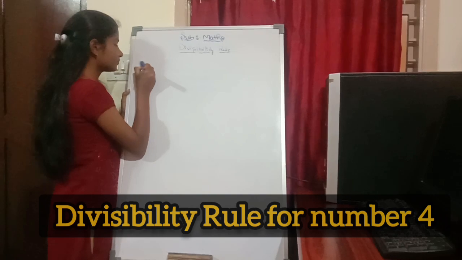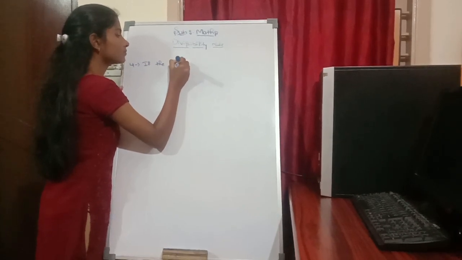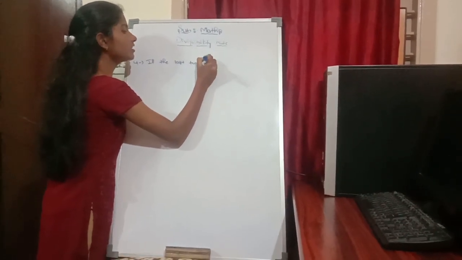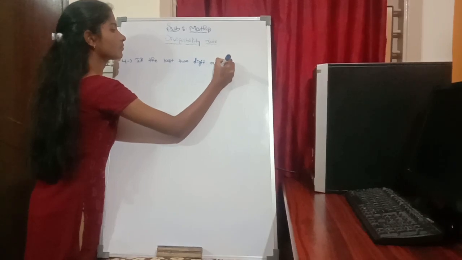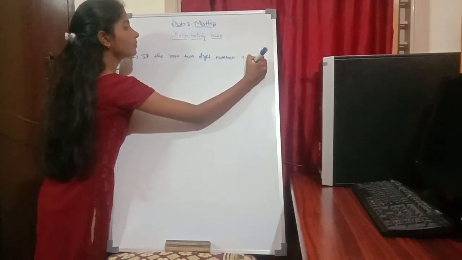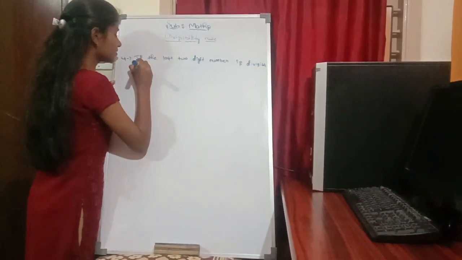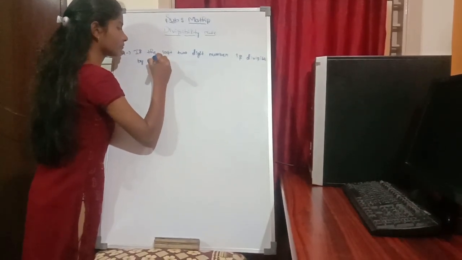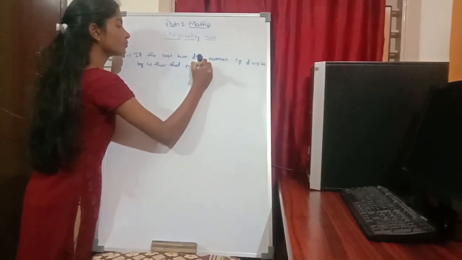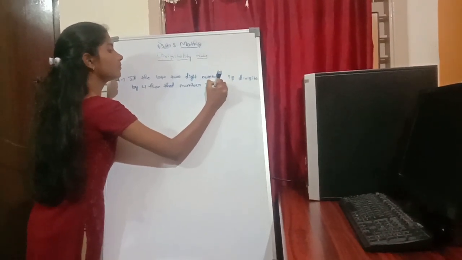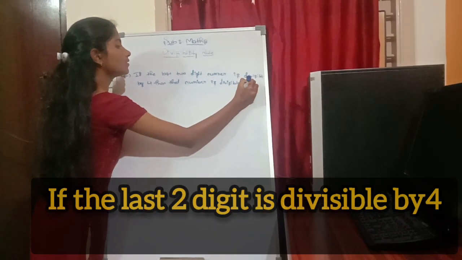Next we go to the divisibility of 4. Divisibility 4. If the last 2-digit number is divisible by 4, then that number is divisible by 4.